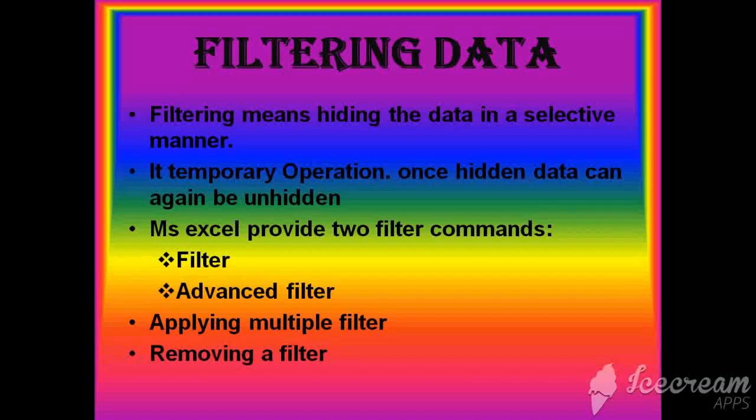It is a temporary operation. You can unfilter it. If you have hidden the data once, you can unhide it. There are two types of filter that Excel provides, filter and advanced filter. Today we will learn how to apply multiple filters and how to remove the filter. So, doing all these interesting things, class, let's go to our Excel sheet.